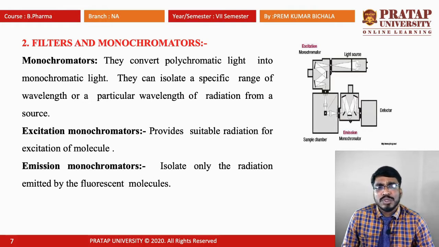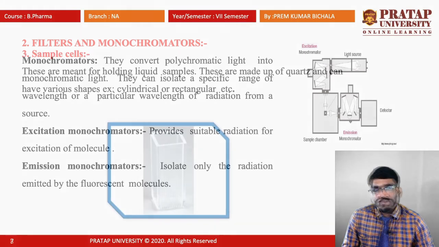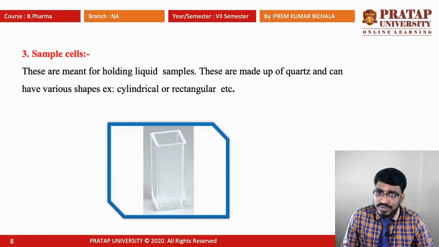They can isolate a specific range of wavelengths or a particular wavelength of radiation from a source. Excitation monochromators provide suitable radiation for the excitation of molecules, whereas emission monochromators isolate only the radiation emitted by the fluorescent molecule.